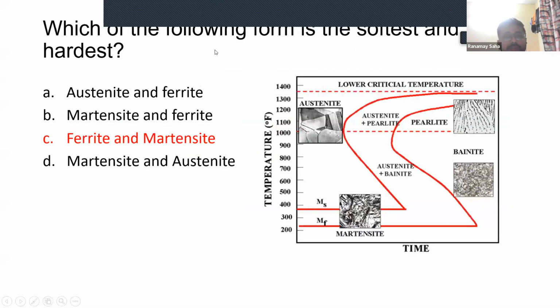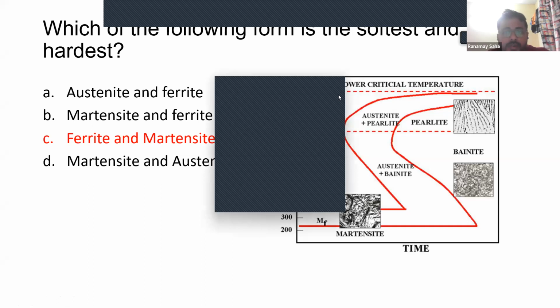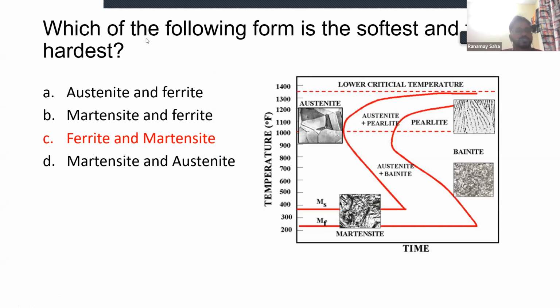Here we have a question. It says which of the following forms is the softest and the hardest? We discussed this TTT diagram in detail last session, so you must already know that ferrite is the softest and martensite is the hardest. Why? Because ferritic structures have larger grain sizes while martensitic structures have smaller grain sizes.